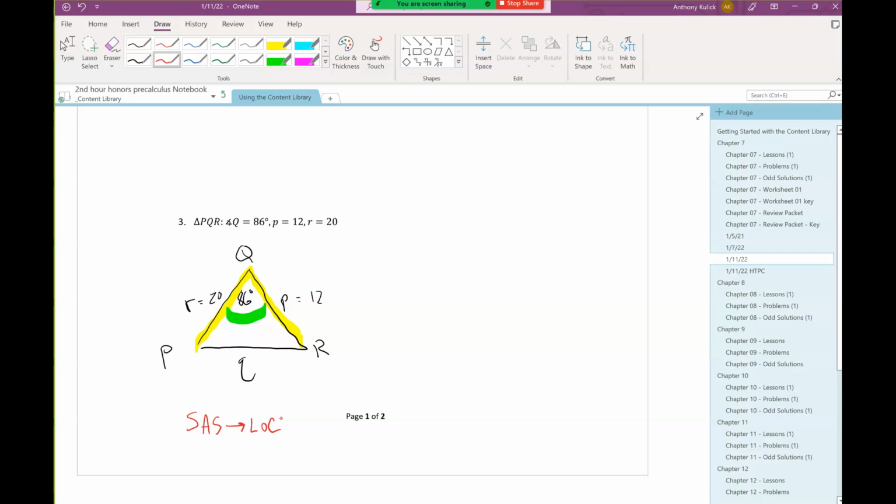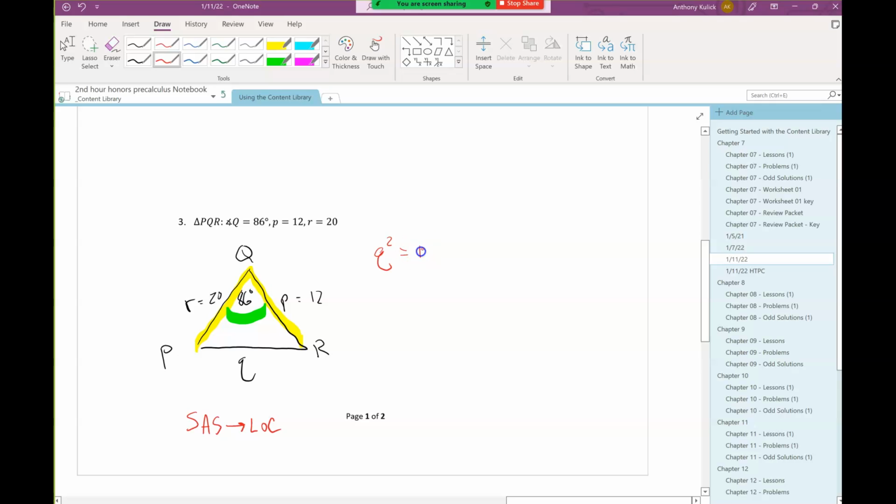So if I look at the law of cosines, the only thing I have enough information to solve for is this side Q. In the side angle side situation, you're always going to be finding that missing side length first. So let's put the numbers in.